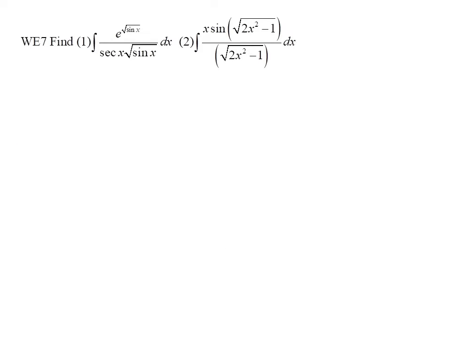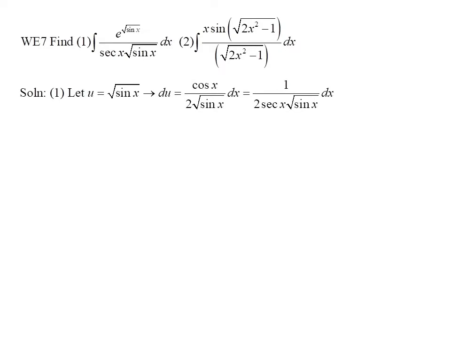Example 7 is to find two antiderivatives using the integration form of composite functions. As for the first antiderivative, we let u equal the square root of sine x, which gives du equals cos x over 2 square root of sine x dx, which can be written as the reciprocal of the product of 2 sec x and square root of sine x dx.